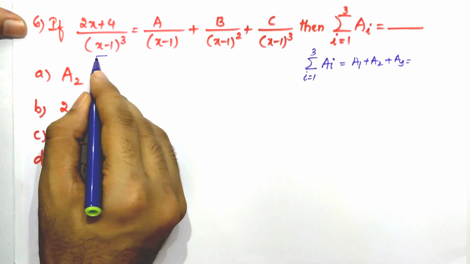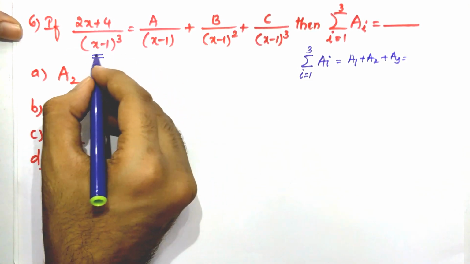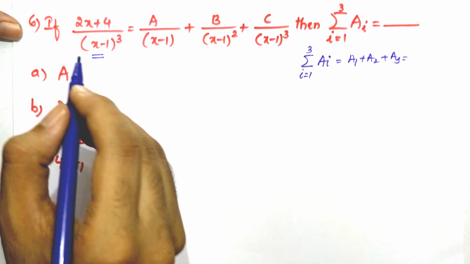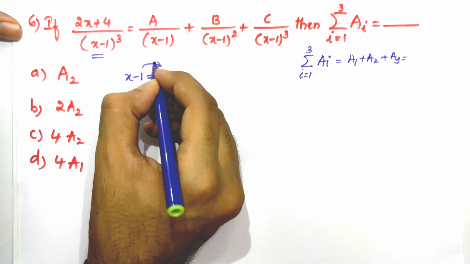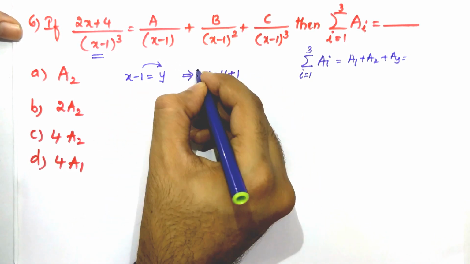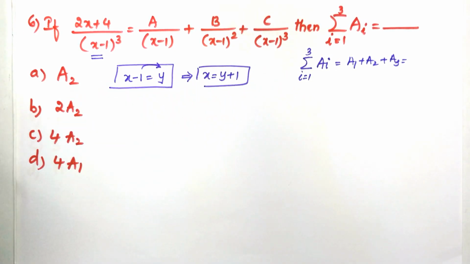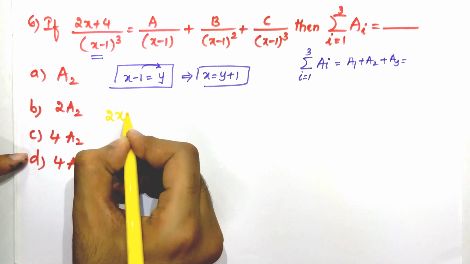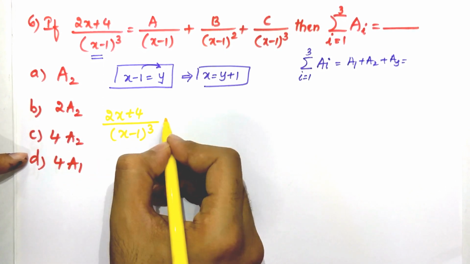For repeated linear factors, I told you the trick. So we'll consider x minus 1 as y. x minus 1 is equal to y. So when this minus 1 goes on the right, it becomes x is equal to y plus 1. So these are the two values. Okay. Now substitute in the given one. So 2x plus 4 by x minus 1 whole cube is the question.